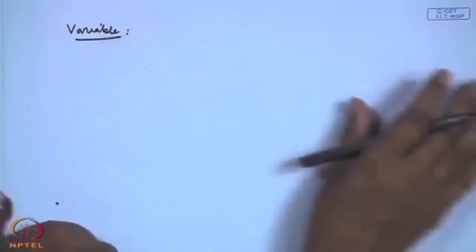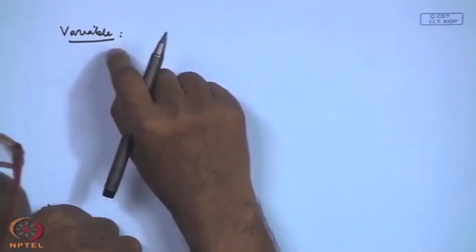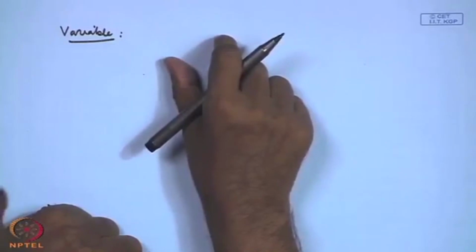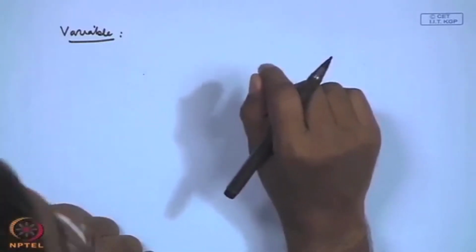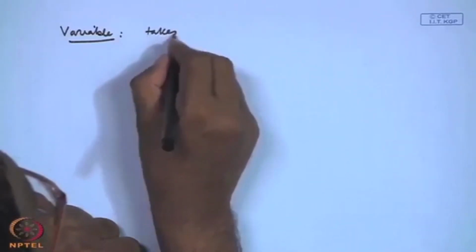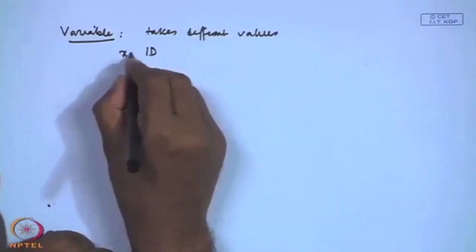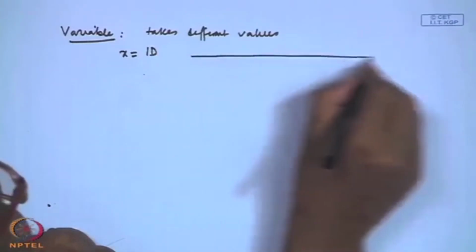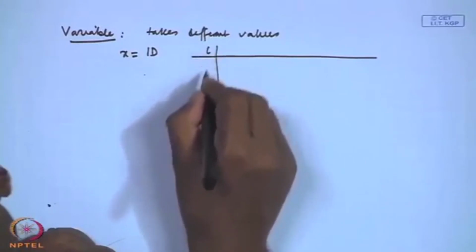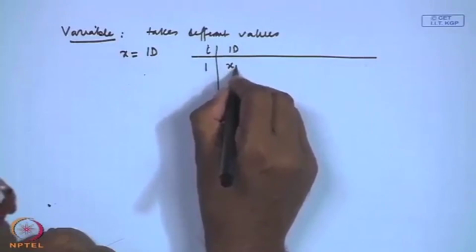I think it is known to you that a variable is something which takes different values. For example, if I say x is ID, inner diameter, then if I produce one item, suppose the first item, the ID value may take x1.